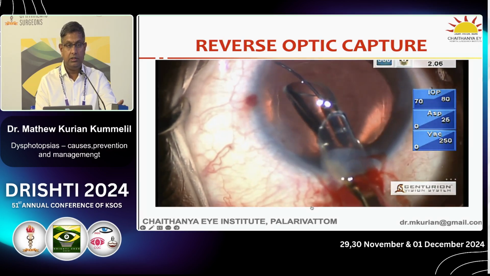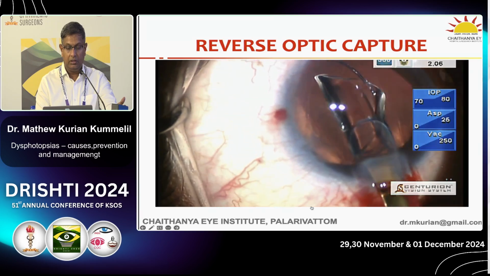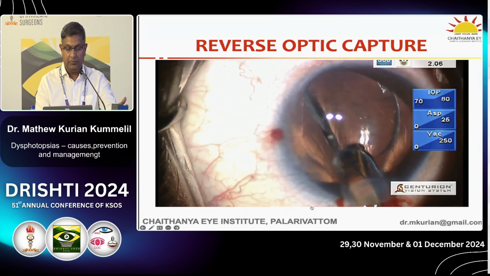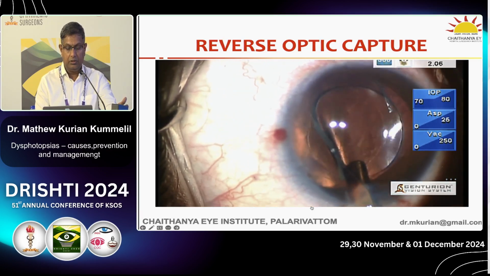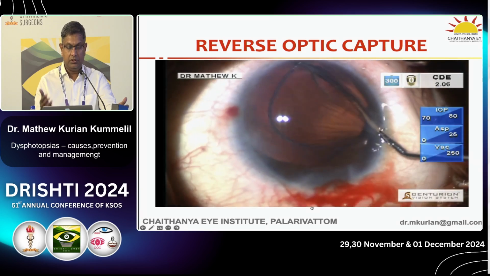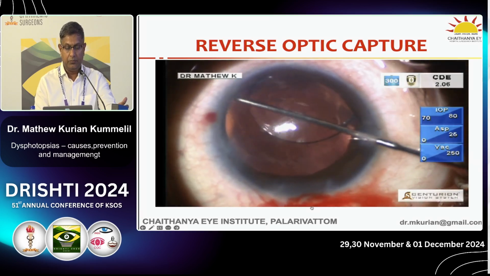It is much easier to perform optic capture, either conventional or reverse, when it is a multi-piece IOL. It's much more difficult when it is a single-piece IOL, because it will usually not get maintained in that position.